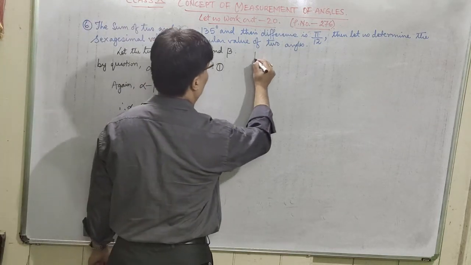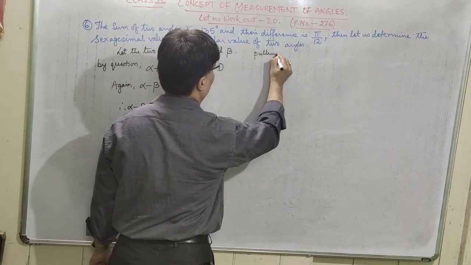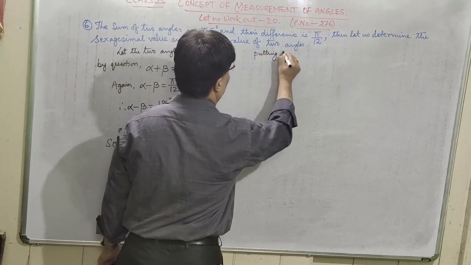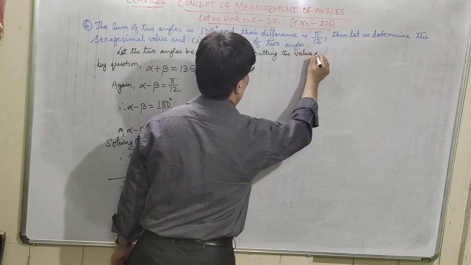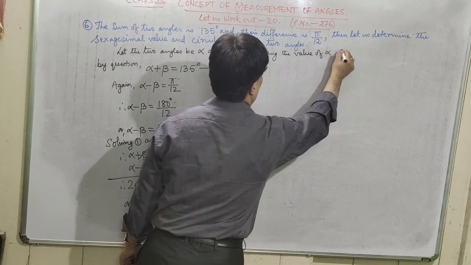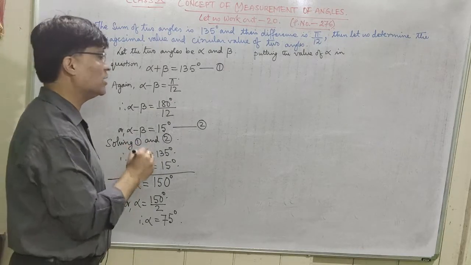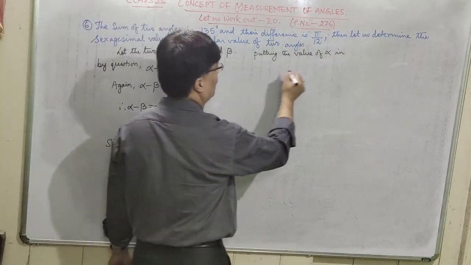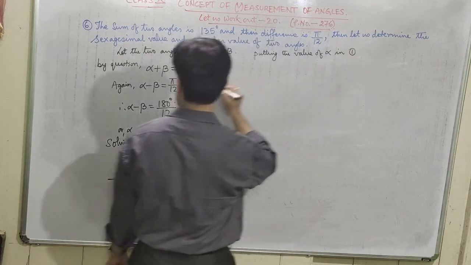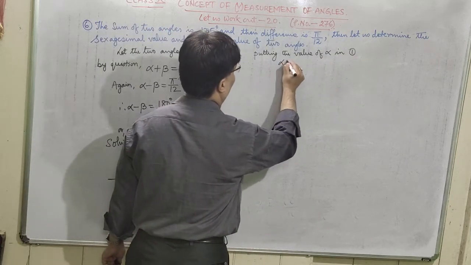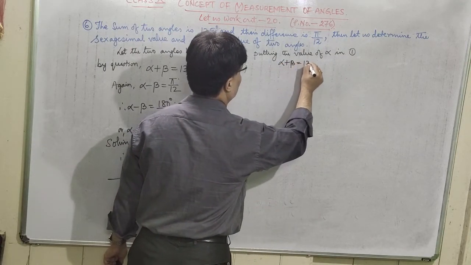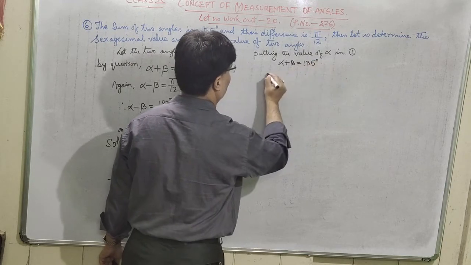So putting the value of alpha in either equation 1 or equation 2, let us put it in equation number 1. So what is 1 here? Alpha plus beta is equal to 135 degree.